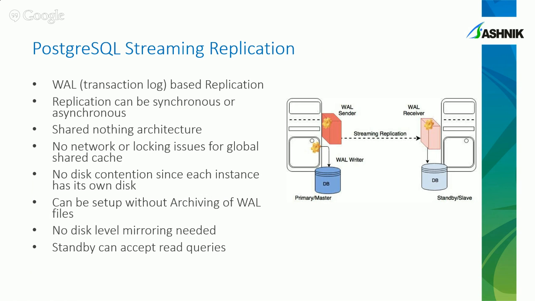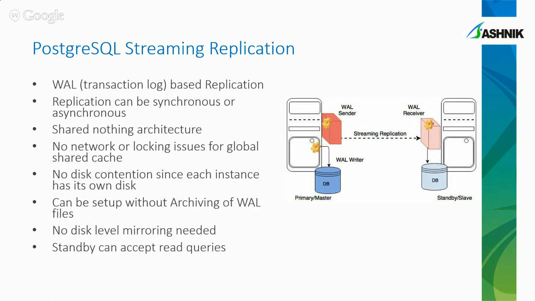Standby server receives all these changes via WAL receiver and flushes them on the disk, or applies them on the database. There is no locking which is going to happen because there is no shared cache here.